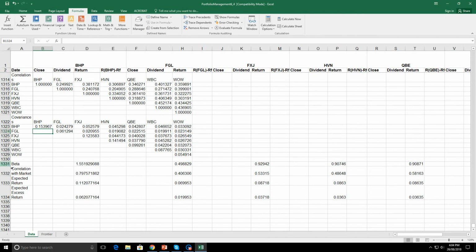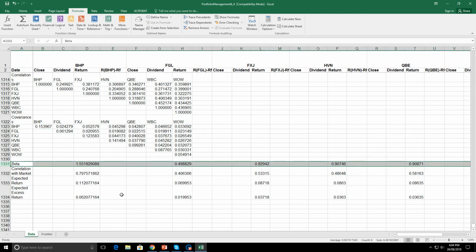The next point we need to calculate is beta, and we already know by this time that beta can be calculated either by running a regression where we regress excess return from the individual stock on the excess return from the market, or we can also calculate the beta by using the SLOPE function, where the excess return of the individual stock and the excess return of the market are combined using the Excel function.